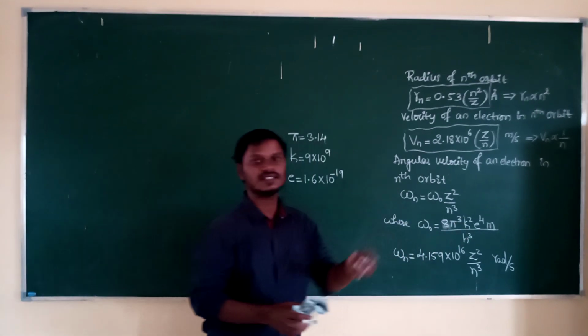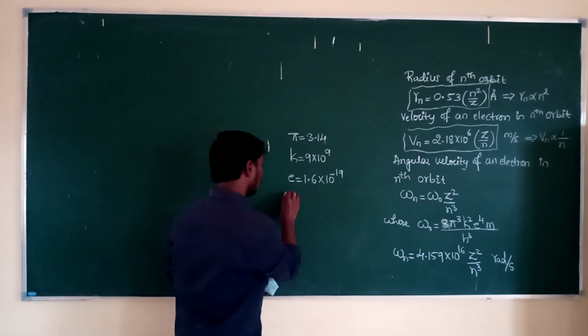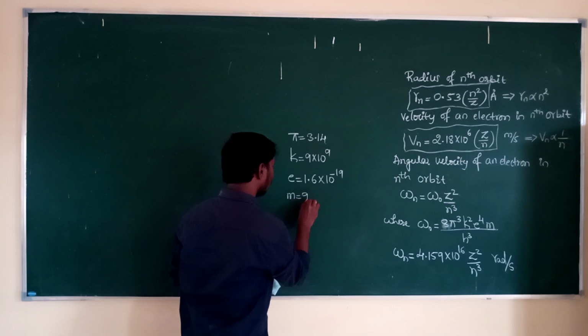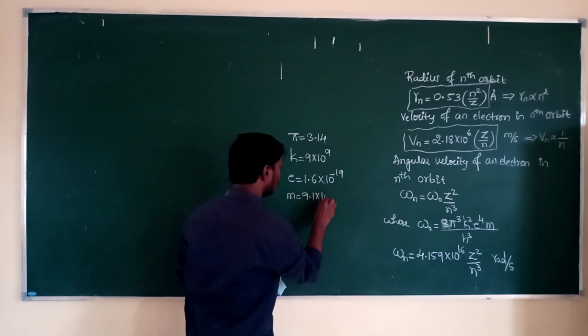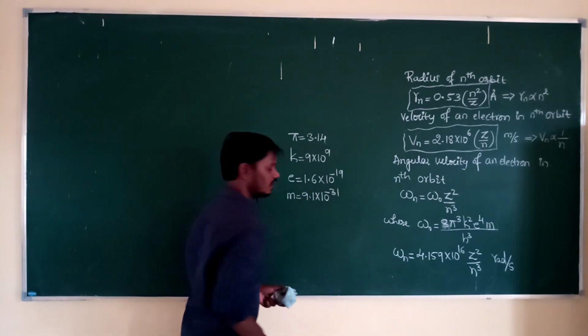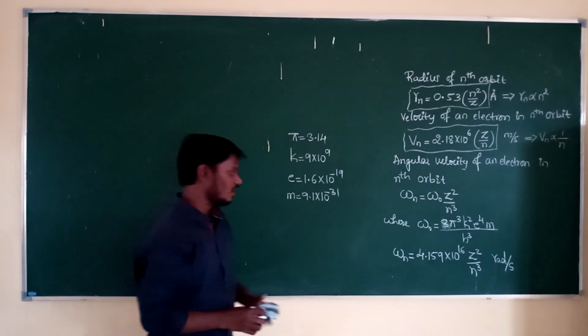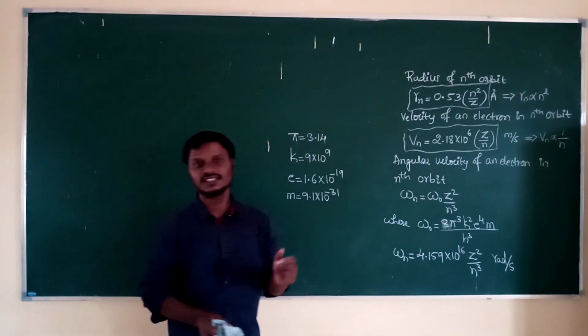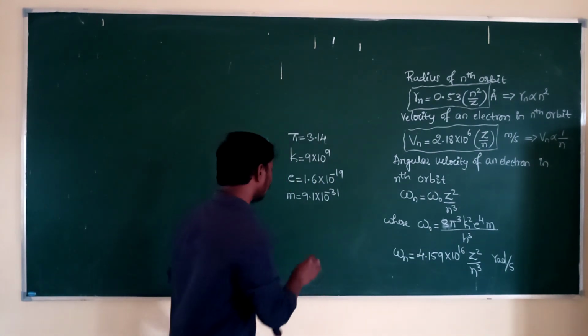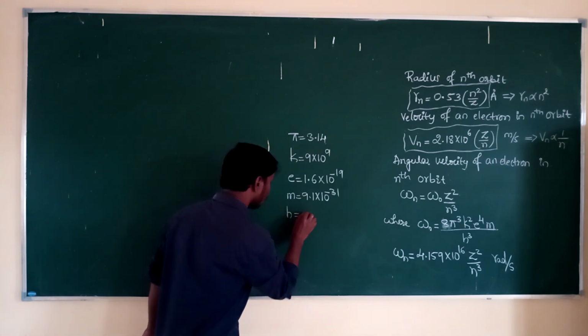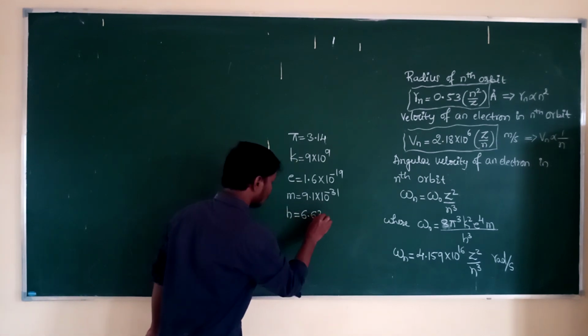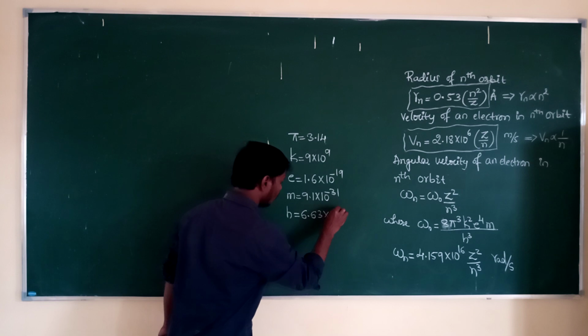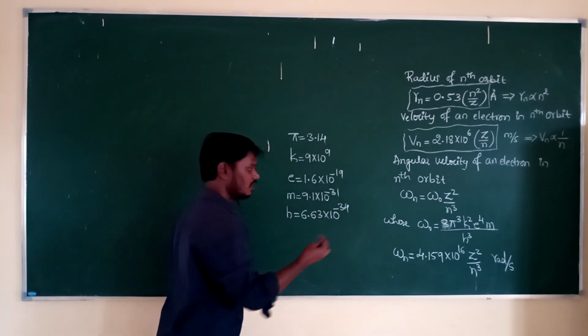M is the mass of the electron, which is 9.1 × 10^-31 kg. Then what is the value of h? H is Planck's constant. The Planck's constant value is 6.63 × 10^-34 joule second.